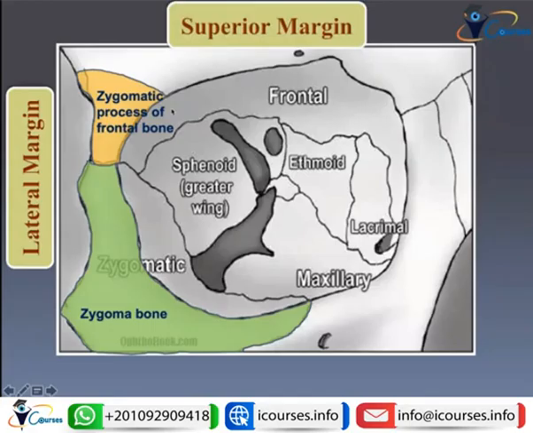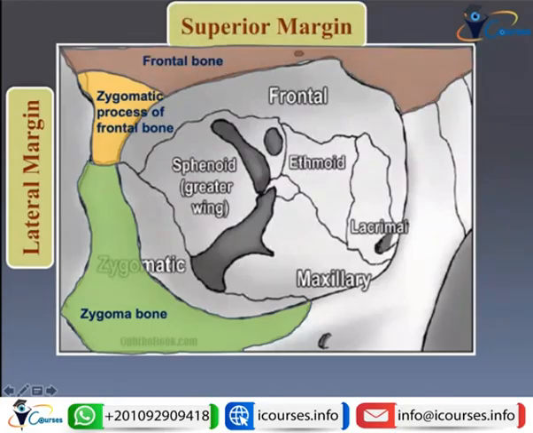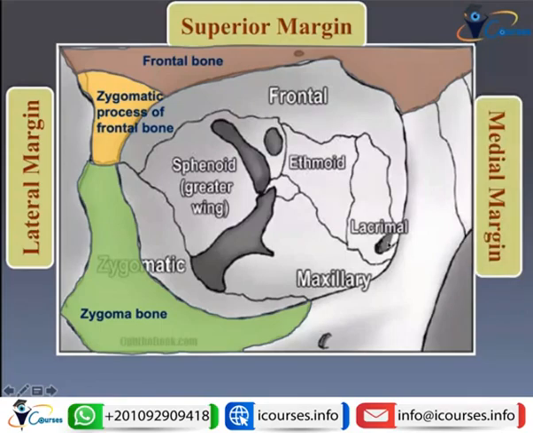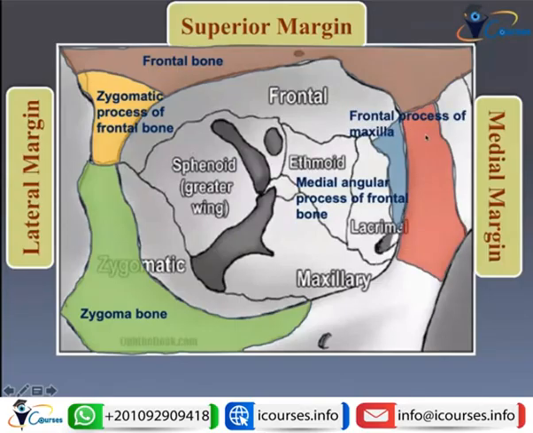The superior margin is made by the frontal bone exclusively, while the medial margin is made by the medial angular process of the frontal bone and the frontal process of maxilla.